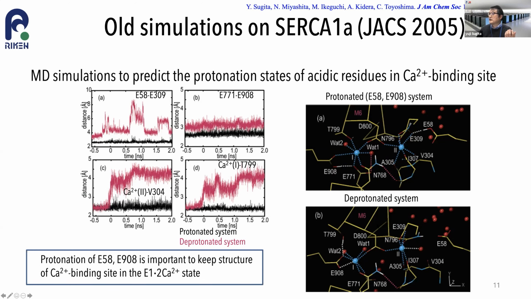But in a different model, I don't add any proton. Then I can see the difference in the stability of the calcium binding site by these very short MD simulations. So this is very short. However, even at that time, we could fortunately publish this result in JACS in 2005.